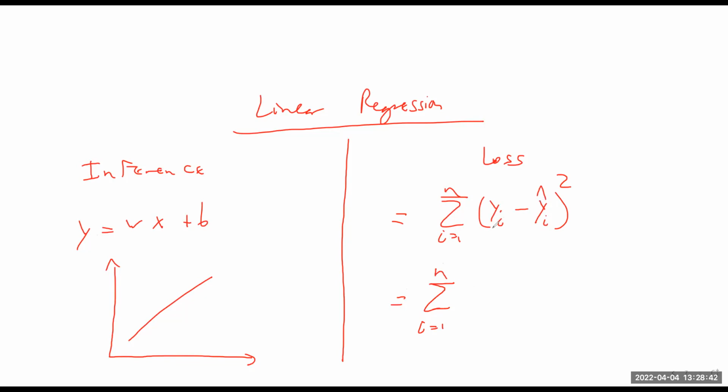Imagine that y hat is the real one, so then this is the predicted. So then now we would say, instead of yi, we would just say w x plus b minus y hat i squared, because we're just plugging in this in there. Got it? And so you'll see that as well.